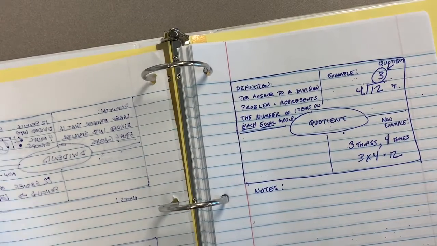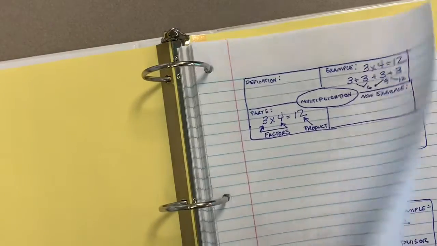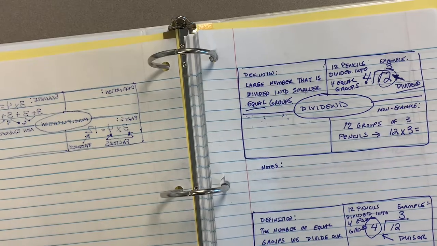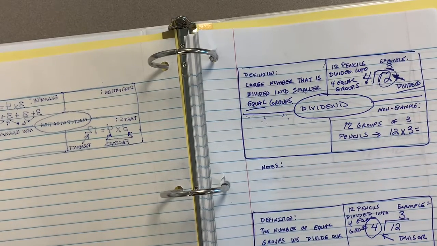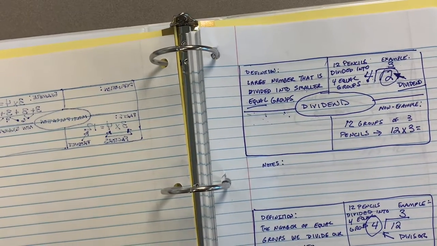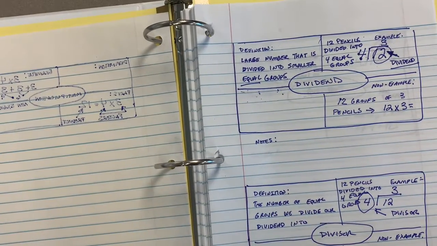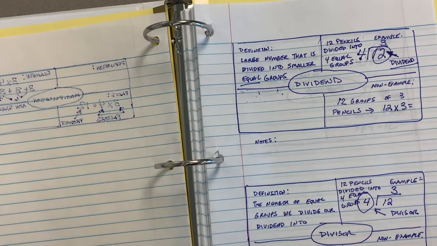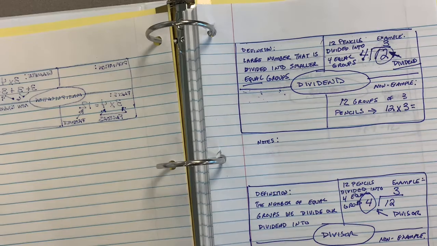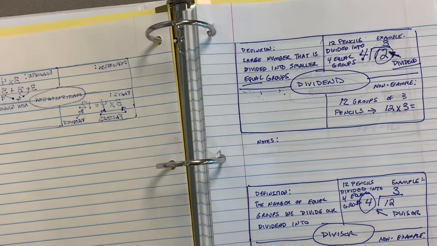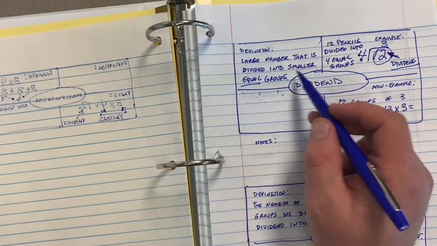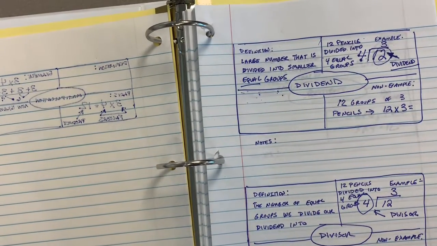But these are the 3 things you need to know. Again, real quick, the dividend. This is the large number that you're going to divide into smaller groups. Now, I say large, and this is with normal division problems. You can get a number less than 1 from a division problem. That is actually going to be a fraction, basically. In that case, your dividend is actually going to be smaller than your divisor. But when we're dealing with normal division problems, we'll say it's generally a larger number divided into smaller equal groups.